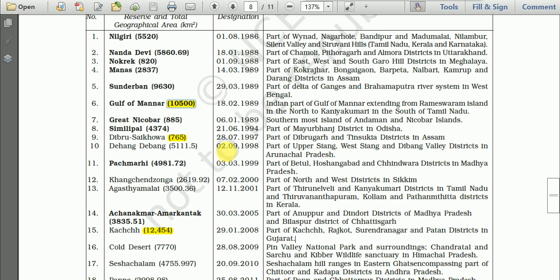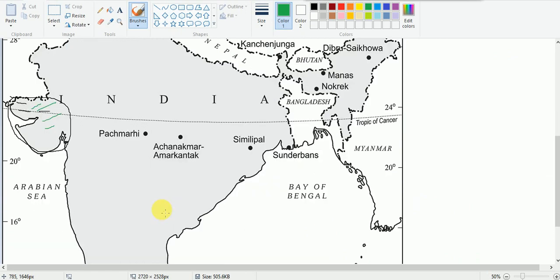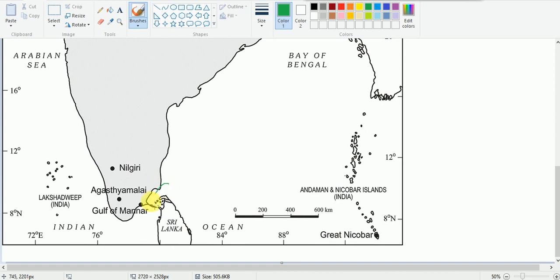This is the second largest one according to this table. This Indian part of Gulf of Mannar extends from Rameswaram Island in the north to Kanyakumari in the south of Tamil Nadu. Gulf of Mannar is here, in this area, between Tamil Nadu and Sri Lanka.